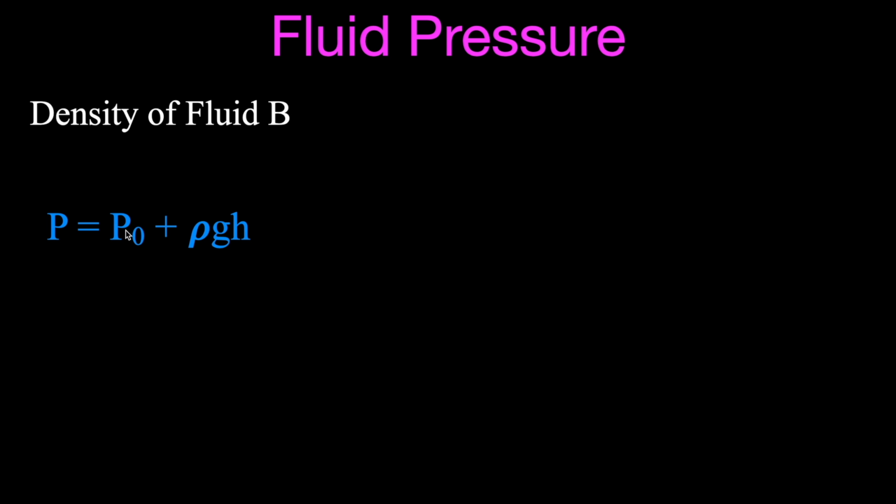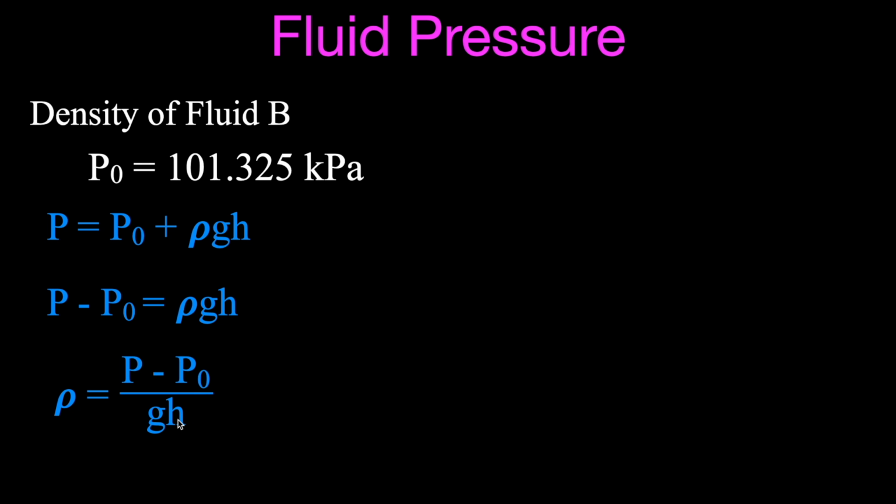For density, we're going to subtract atmospheric pressure from both sides, and then we're going to divide by G times H, which gives us that the density of that fluid B is going to be equal to the total pressure minus the atmospheric pressure divided by G times H. Now we know the atmospheric pressure because we're on Earth, so we know the atmospheric pressure P0 is 101.325 kilopascals.